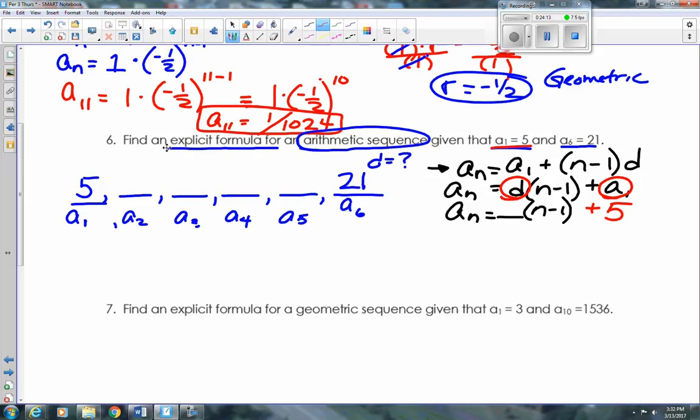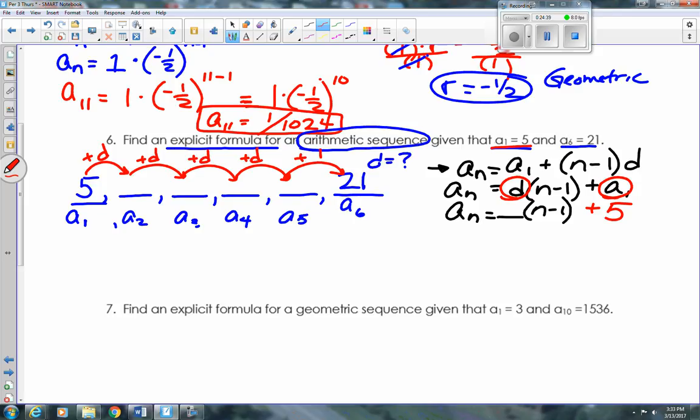And I know that if I add something, I'm going to get the next term, add it again, and again, and again, and again. I'm going to get the 21. And each time I add a number, it's got to be the same number, because that's how an arithmetic sequence is. And that number that I add is d.